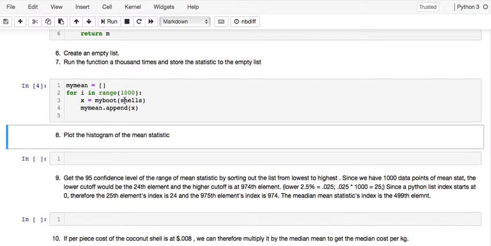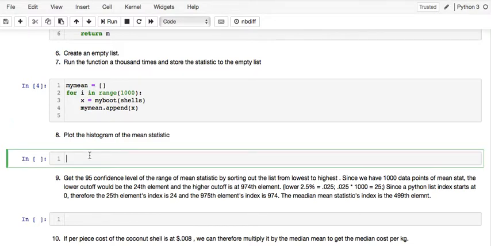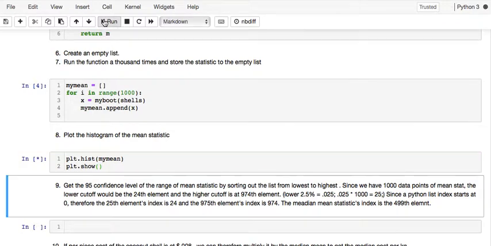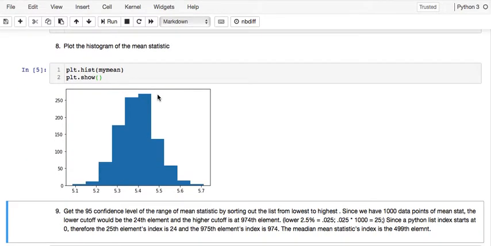Now we need to plot the histogram of this mean. Okay, if we resample the sample 1,000 times, these are the means of the resamples.